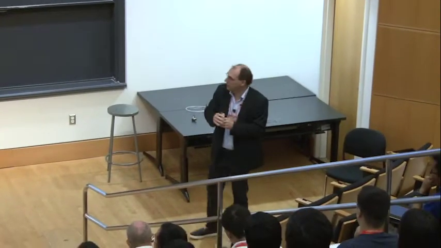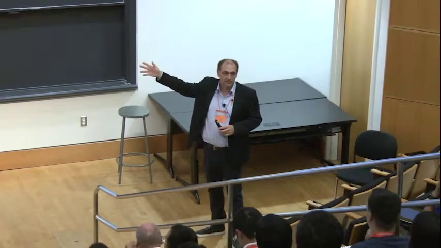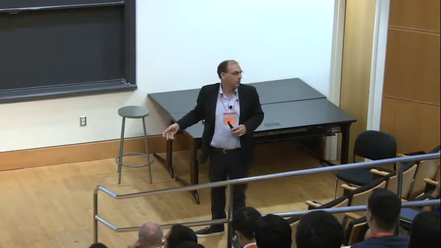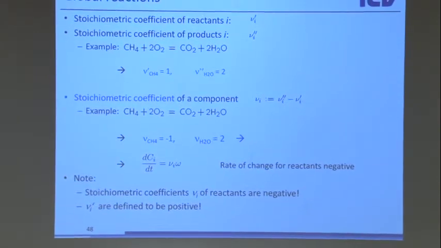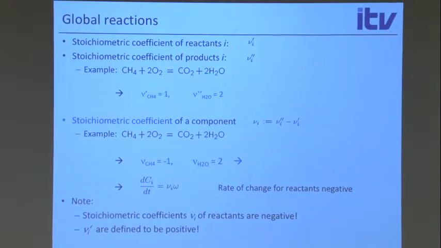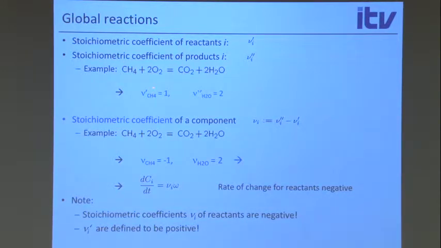I can write A plus B goes to C for an elementary reaction, and I can say C goes to A plus B. So the prime and double prime really refer to what I wrote down. This is the same for a global reaction. Here, for example, nu prime for methane is 1, and for hydrogen it's 2.